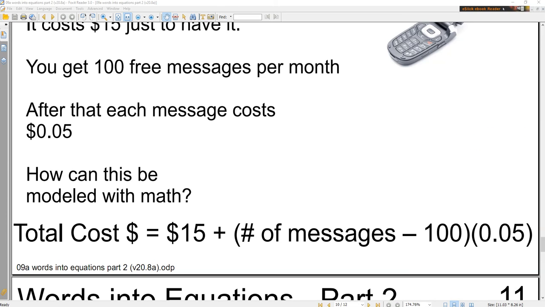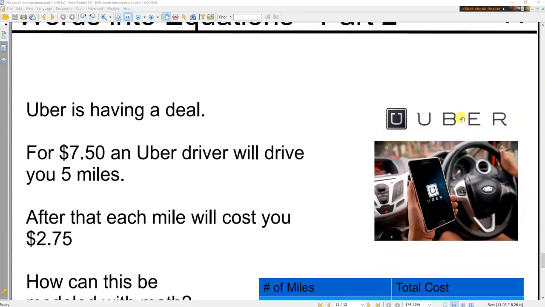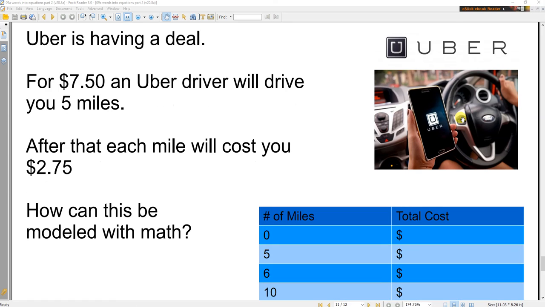This next one, why don't you try it and then pause it and see if your answer matches mine. All right. If I get in and I don't even go anywhere, I've already spent $7.50. If I go 5 miles, well, those were the free miles, so it's still $7.50. 6 miles would be $7.50 plus that 1 extra mile, which is $2.75.